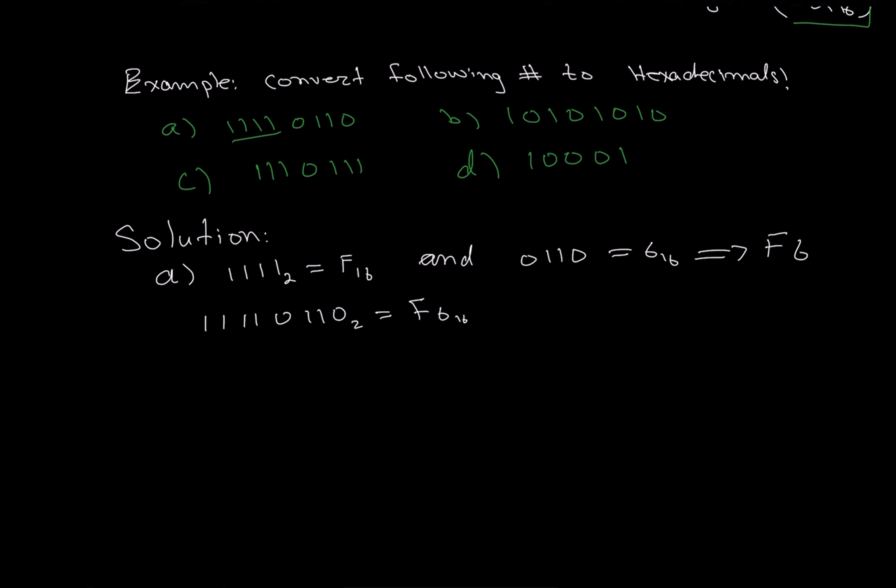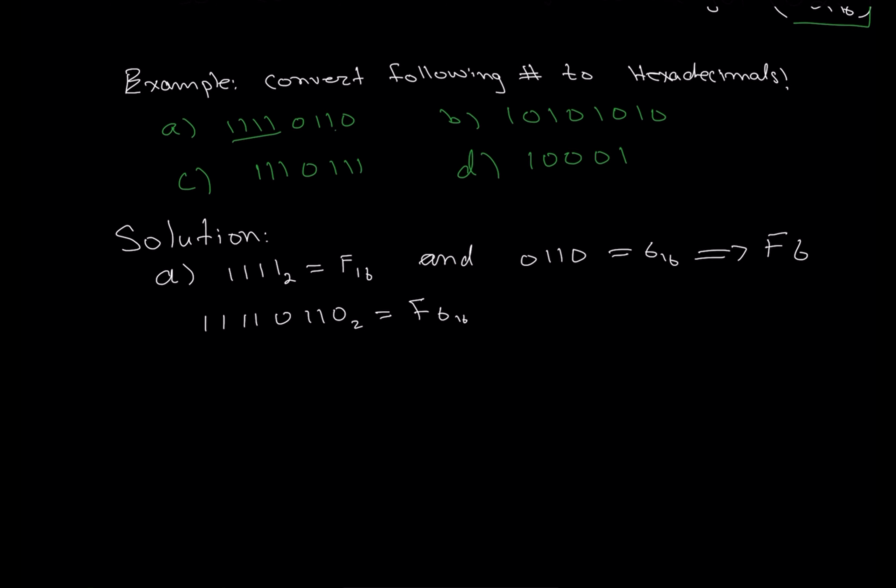If you look at that table, 1111 is the last digit of a 4-bit number, which is 16. No, I'm sorry, it's 15. Because 8, 4, 12, 14, and 1, 15. So it's 15 right there. And the 15 representation for hex is F.